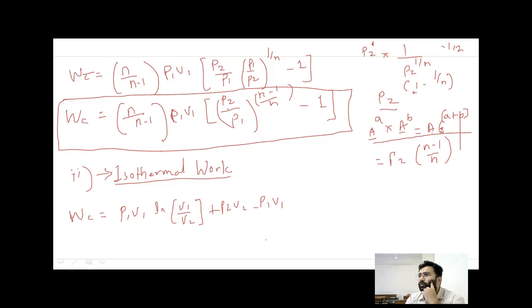So for the isothermal process, P1 V1 is equal to P2 V2, so this will cancel. Also, this ratio V1 by V2, we can write from this as P2 by P1, right? P2 by P1 is nothing but the pressure ratio, or small r we can write.